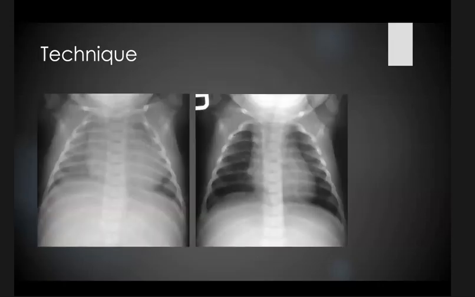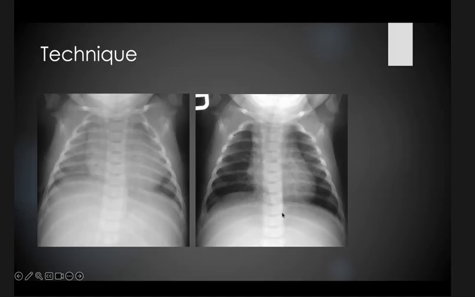The technique is super important too, because children, especially the young ones, cannot hold their breath. So it's important for the technologists to get a good inspiration. They basically watch them cry or breathe and then try to take the picture while they inspire. In children under 3 years old, you can expect to see 8 posterior ribs.